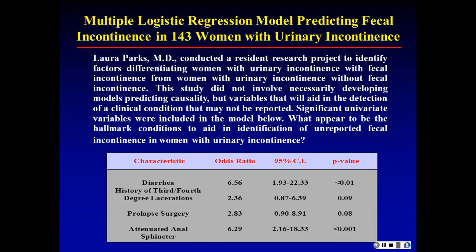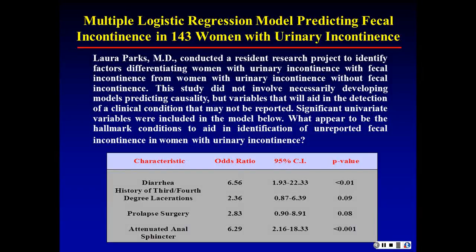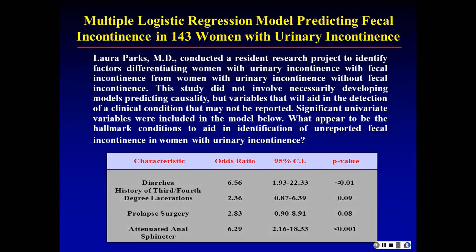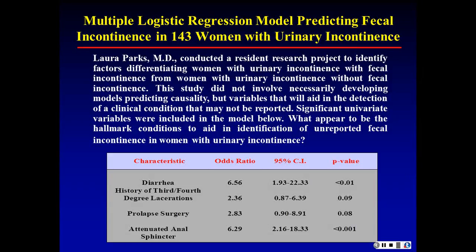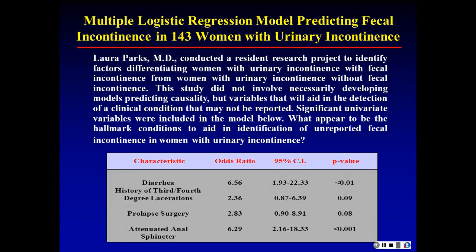And actually, these 4 variables were found to be univariately associated with unreported fecal incontinence in women with urinary incontinence. And then they were all put into a multiple logistic regression model. Do you have fecal incontinence? And you see all of the variables here had elevated odds ratios, which indicate a greater risk of having fecal incontinence.